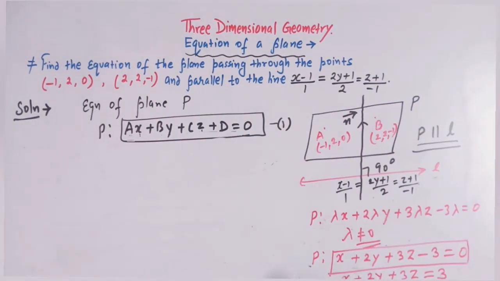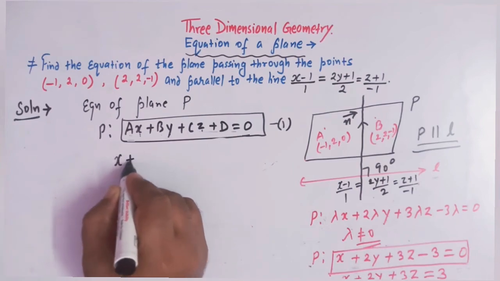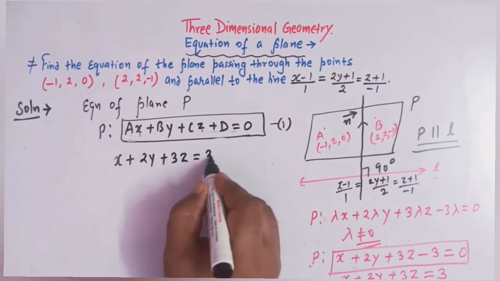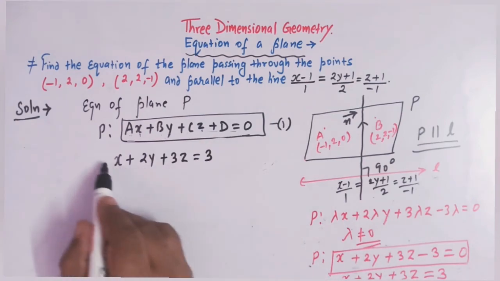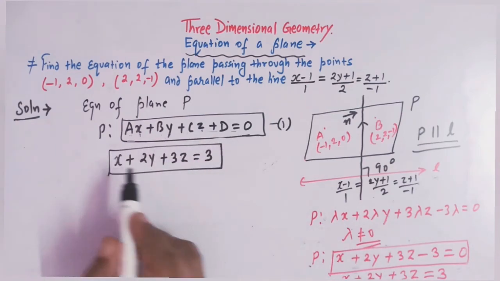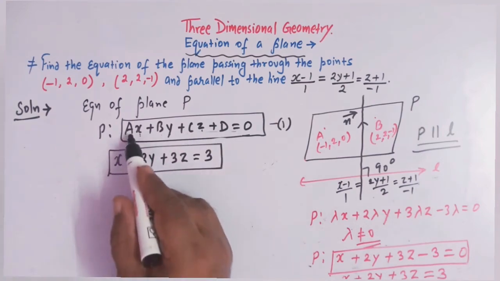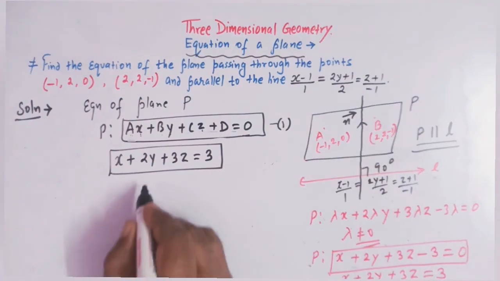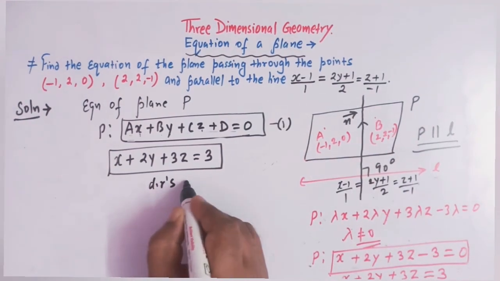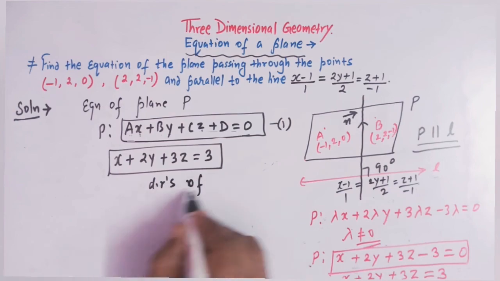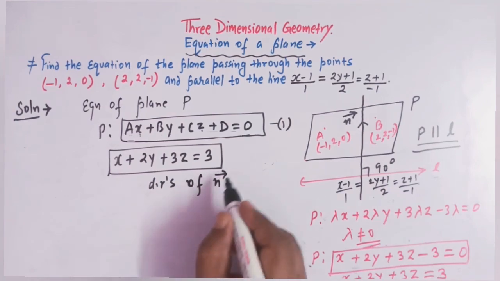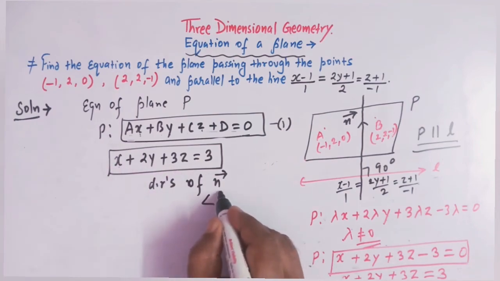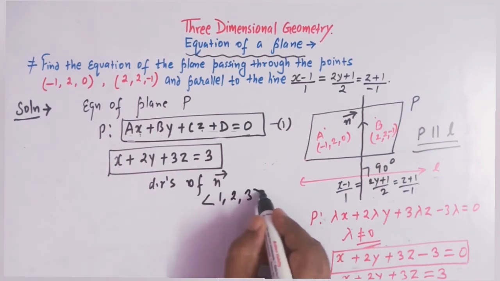So viewers, this is how we have obtained the equation of the plane as x plus 2y plus 3z is equal to 3, right? And now if we compare these two equations, we see that the direction ratios of the normal, the direction ratios of this vector n, are given by the coefficients of x, y and z, that is 1, 2 and 3, right?